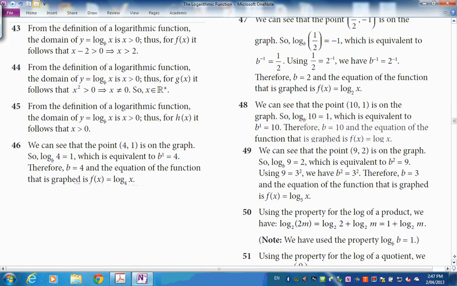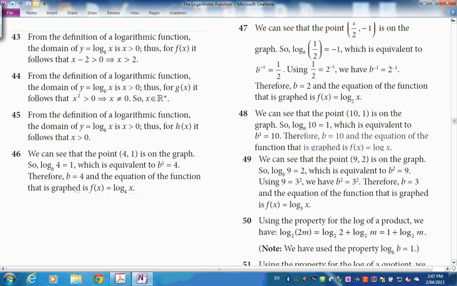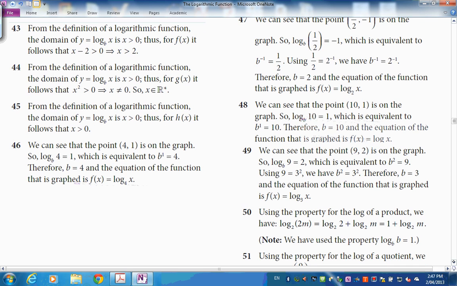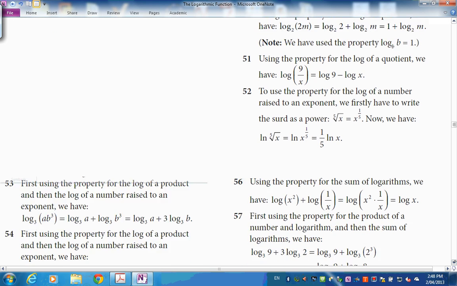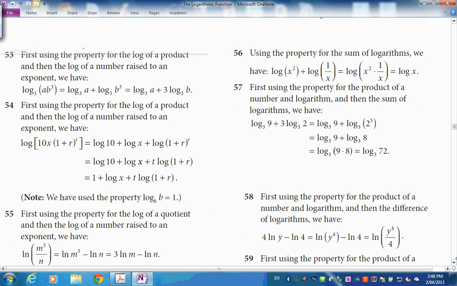Alright, so here's the first little set here of the domain and ranges of these. So 43 onwards there, and coming then down to 52. And 54, 57 there.